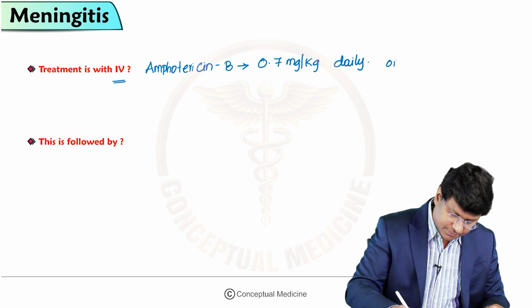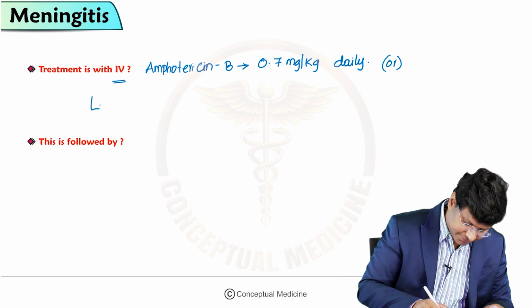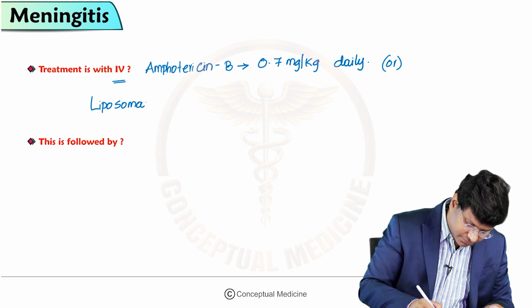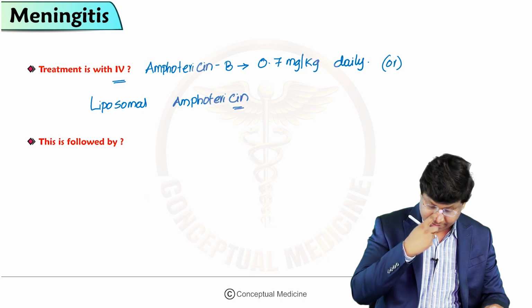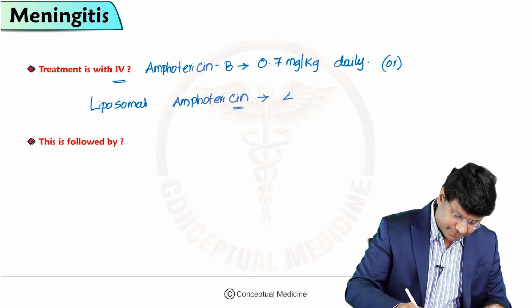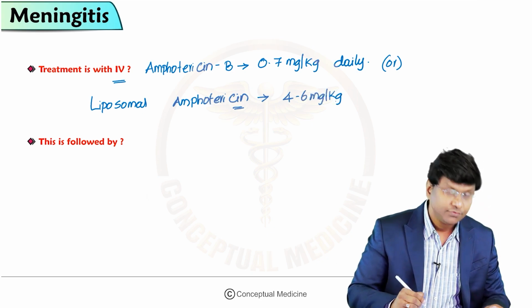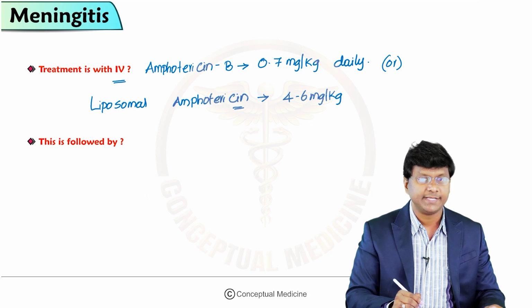Or you need to give liposomal amphotericin, and the dosage of liposomal amphotericin is 4 to 6 milligrams per kg daily.